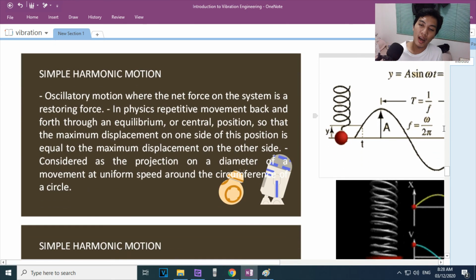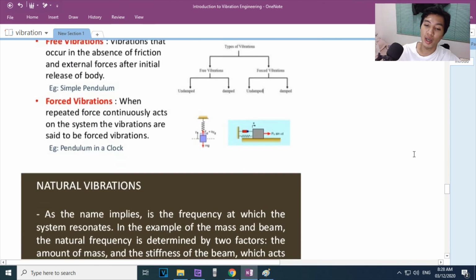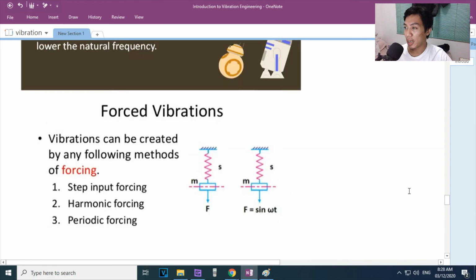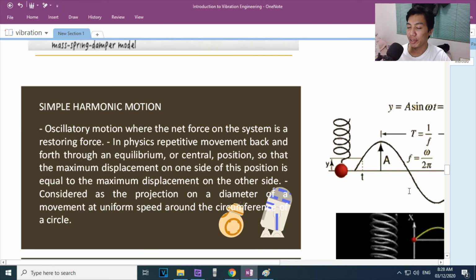Now, we have several types of motion. So, meron tayong simple harmonic, meron tayong free vibrations, forced vibrations, natural vibrations, yan. And then meron din tayong mga damping. Yan lang naman yung mga simple definitions. Now, for simple harmonic motion, as defined, it is an oscillatory motion where the net force on the system is a restoring force.